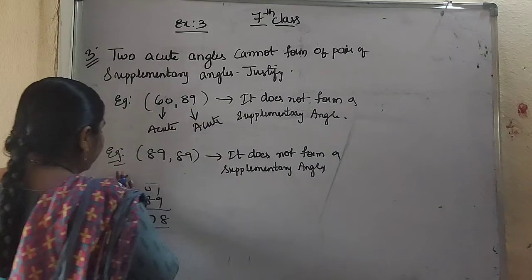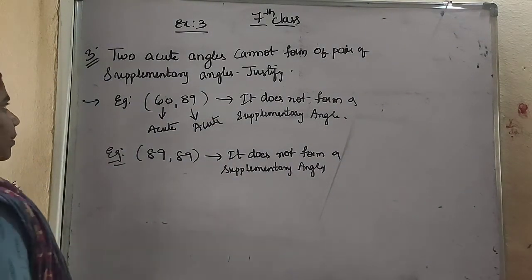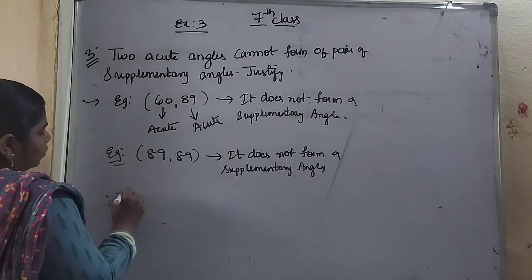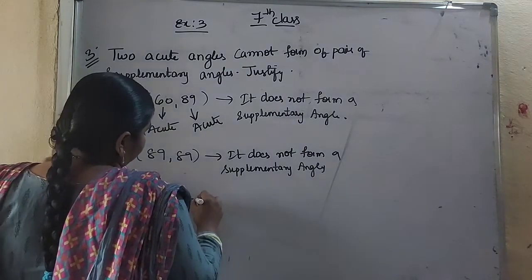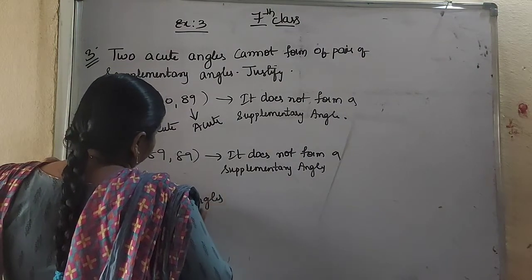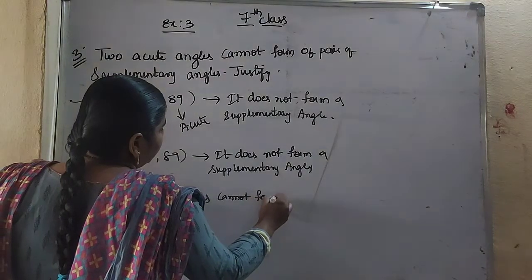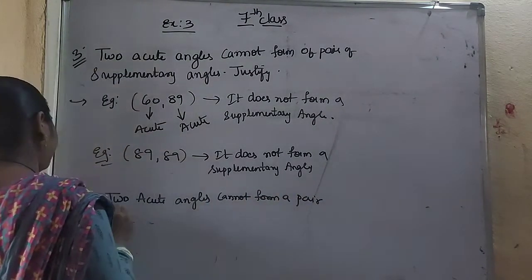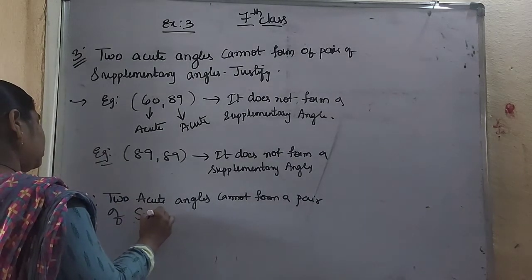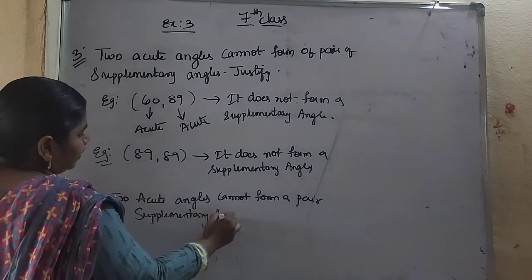So what you can tell is, with the help of two acute angles, you can't form supplementary angles. So two acute angles cannot form a pair of supplementary angles.